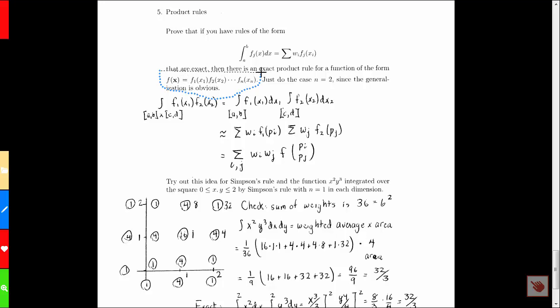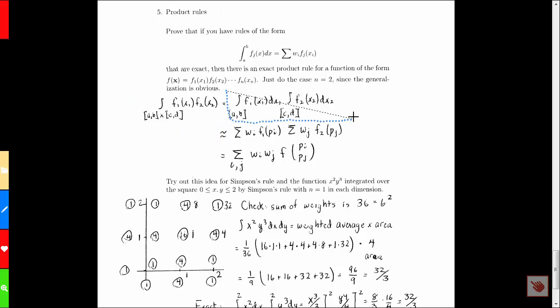In the textbook, this is stated for a function that's f1 of x1 times f2 of x2 on up through fn of xn. But it's easier to visualize what's going on when n is equal to 2, and the generalization to n is obvious. We're integrating f1 f2 dx1 dx2 over a rectangle, which is the Cartesian product of the interval [a, b] for x1 and the interval [c, d] for x2.